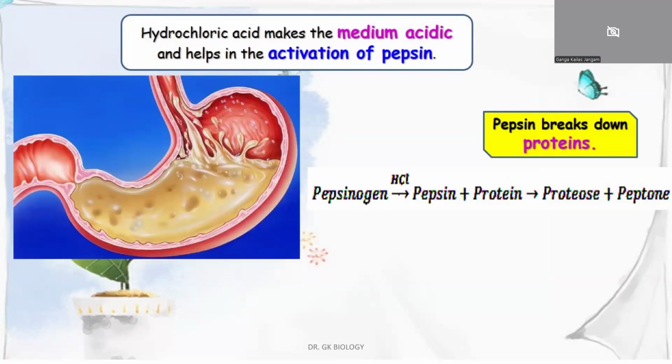Hydrochloric acid makes the medium acidic to help the activation of pepsin, as we learned. The pepsinogen, in the presence of HCl, will convert to pepsin, and the pepsin will break down proteins into amino acids.